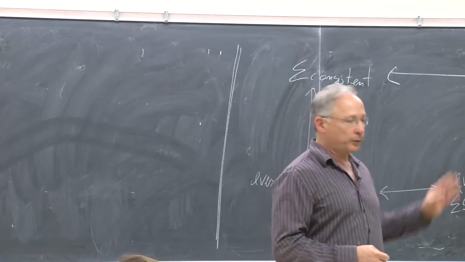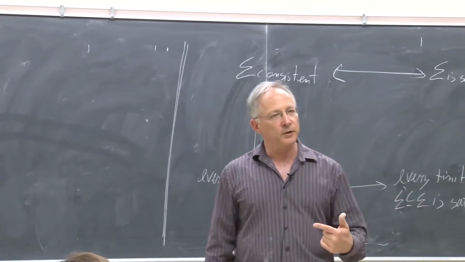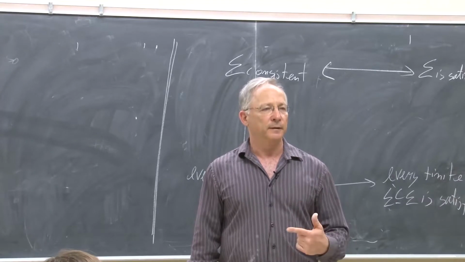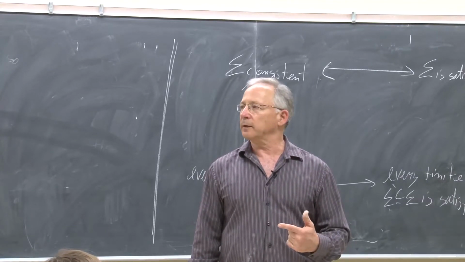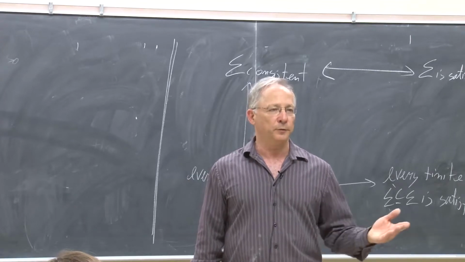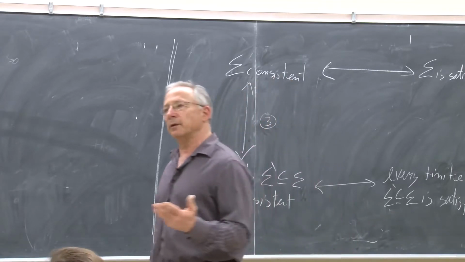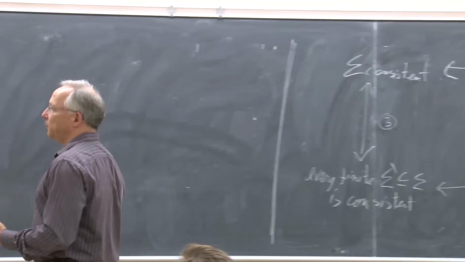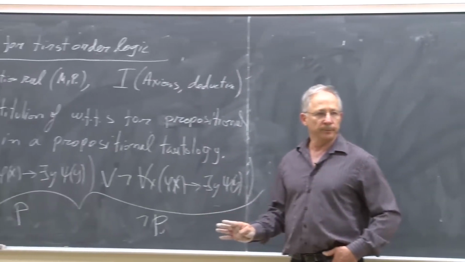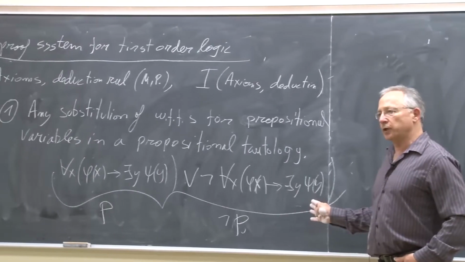I mean, finite is what we talked about now, but it's a manifestation of a more basic requirement. And the basic requirement was checkable. That you can check what is a proof and what is not a proof. In order to be able to check that, you must be able to check what is an axiom and what is not an axiom. And here it is not difficult to check.